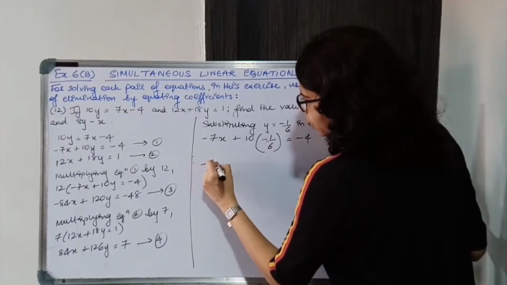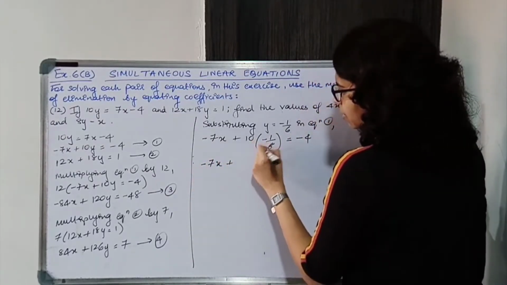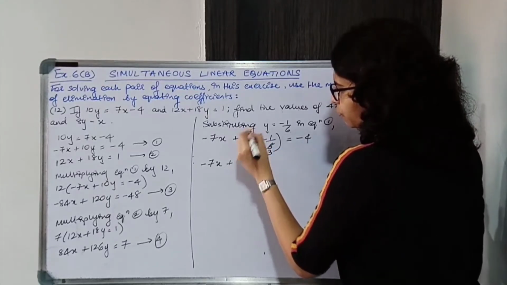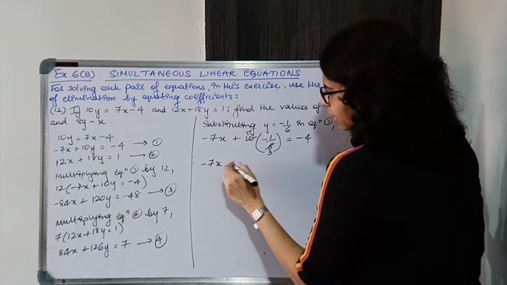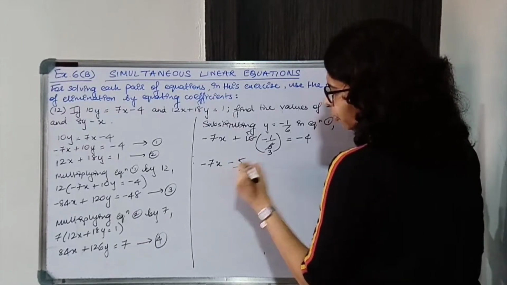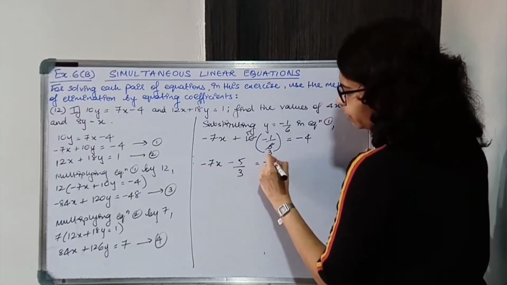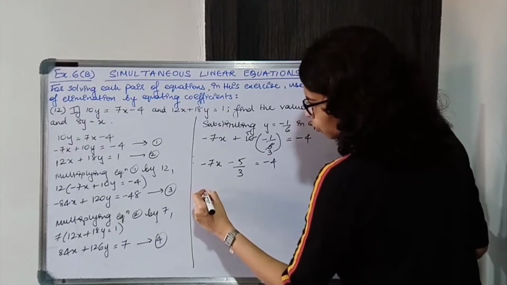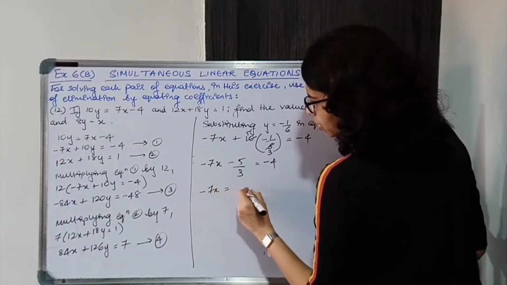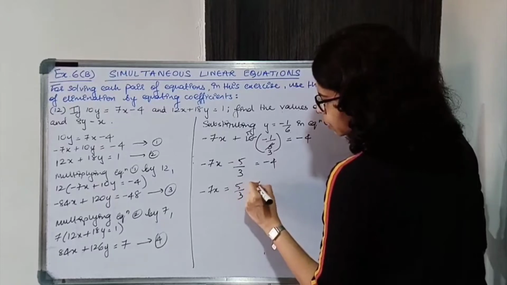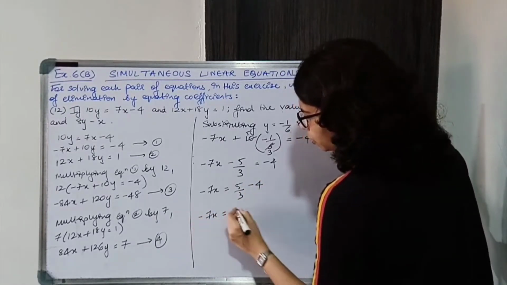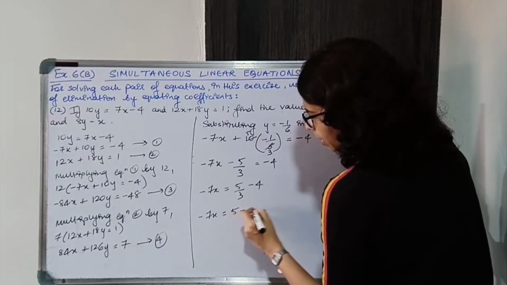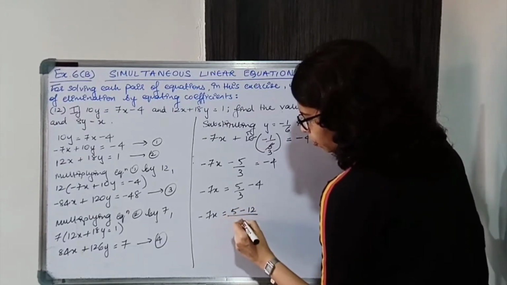So minus 7x plus 2 3s are 6, 2 5s are 10, so 5 into minus 1 gives minus 5 upon 3 is equal to minus 4. So minus 7x is equal to 5 by 3 minus 4. So minus 7x is equal to 5 minus 3 4s are 12 upon 3.